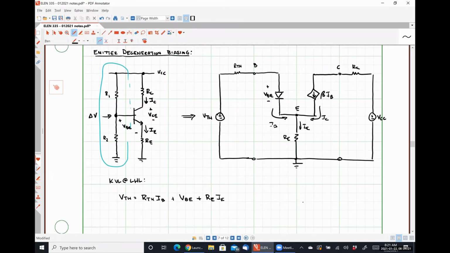Well, I know that IE is simply the sum of the base current and the collector current. And so I can express that as simply 1 plus beta IB. So I have RTH IB plus VBE plus RE times 1 plus beta IB.